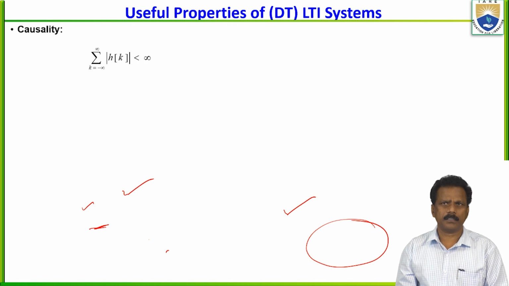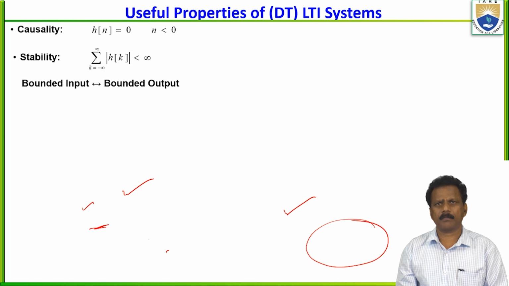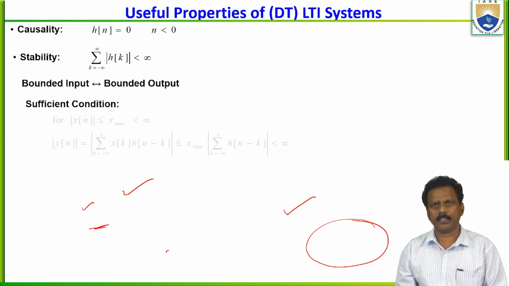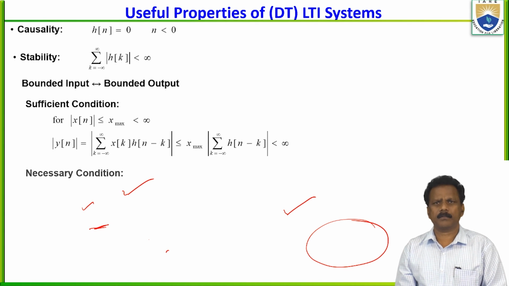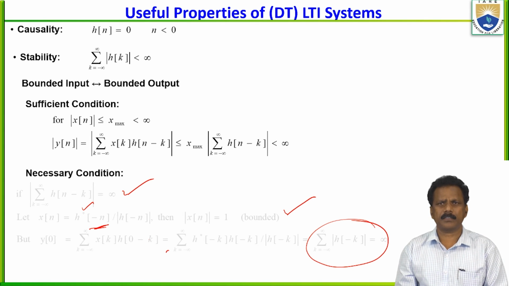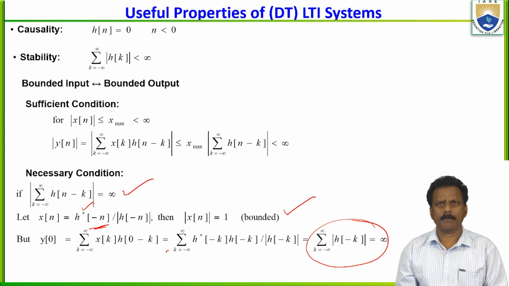Okay, with this, these are the useful properties of discrete time linear time invariant systems: causality, stability, bounded input and bounded output, and the sufficient conditions will be applicable. So, using all these necessary conditions, I have to verify these useful properties based on this LTI system.